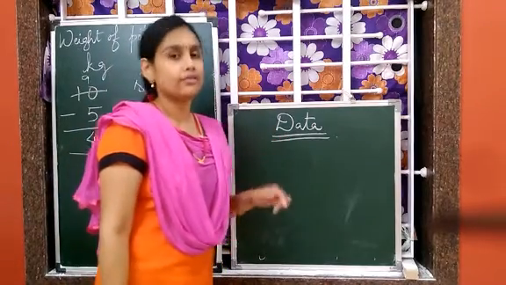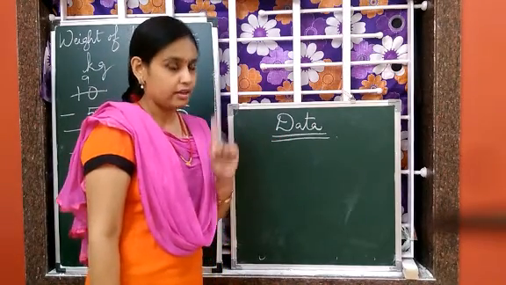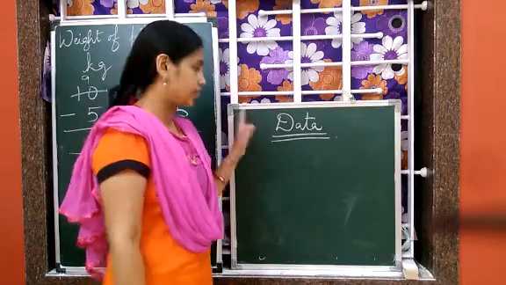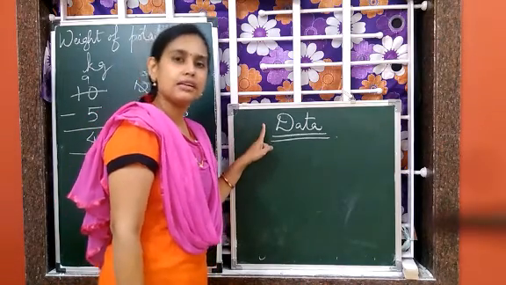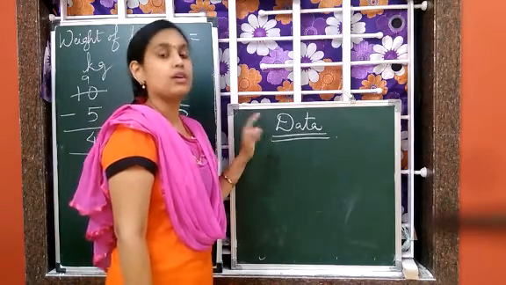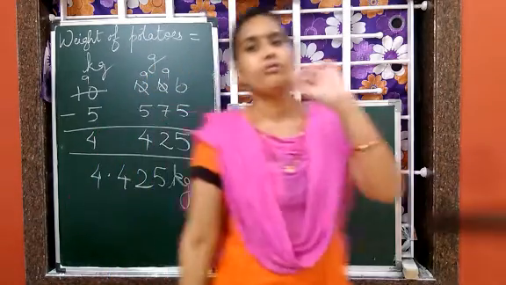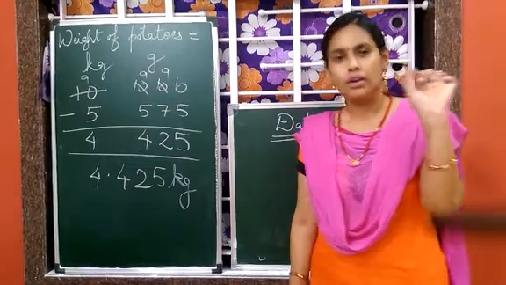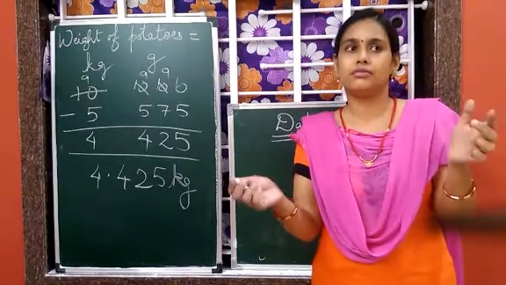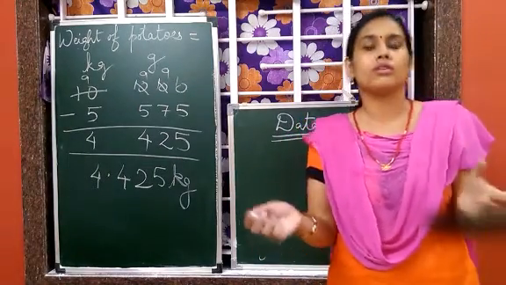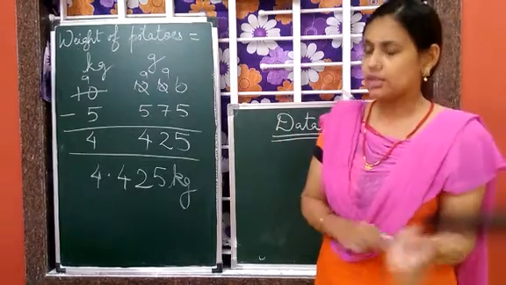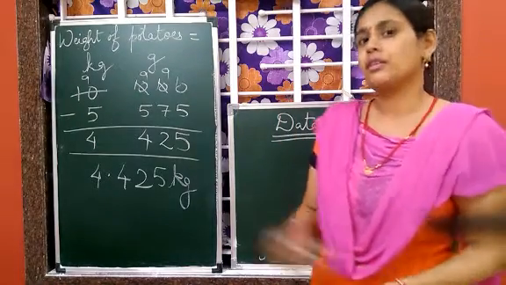Now when I take your live class, I take your attendance. Is that an information? Yes, that is also an information, and that information is known as data. What is a data? Any kind of information which is well organized, or which is of any use, which is of any importance, is known as data.